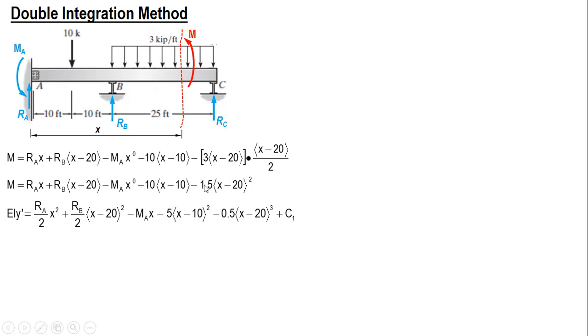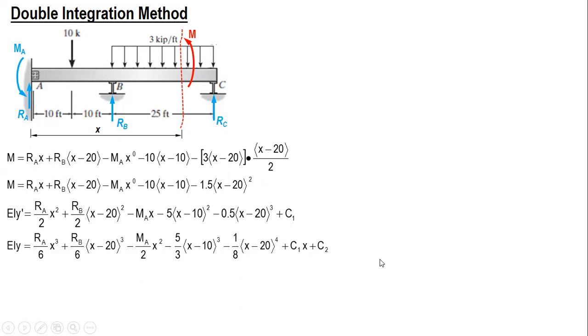So 1.5 over 3 is 0.5. And then integrate again, since double integration. So integrate again, we will have the expression of deflection. You can check each term if there is something wrong with the integration.